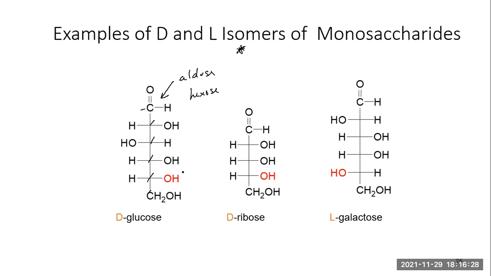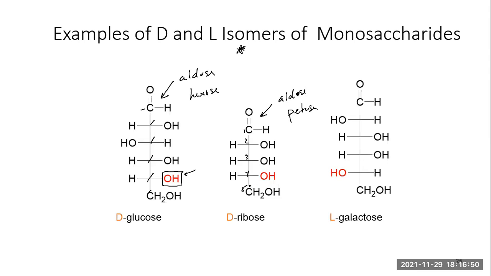And this is D-glucose because the last chiral carbon right there is on the right-hand side. This is ribose, which also is an aldose, as we see the aldehyde group there on top. In this case, it's 1, 2, 3, 4, 5 carbons, which tells us it's a pentose.